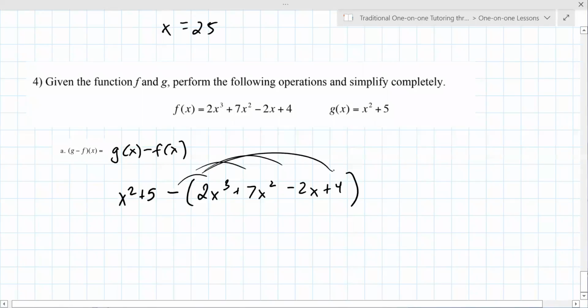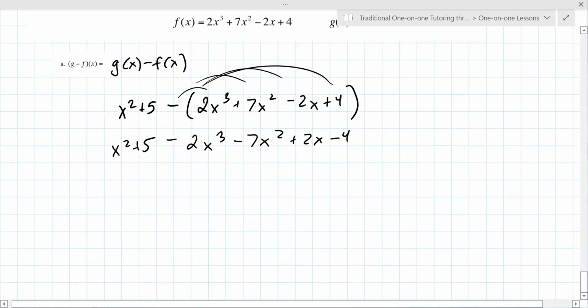That's also an SAT prep thing. There's always a problem where you have to distribute negatives, and you have to know to distribute them to everything. And then you have to combine like terms. There's also kind of a preference to put things in descending order. So this minus 2x cubed would come first, but then the x squared combines with minus 7x squared, so minus 6x squared plus 2x, and then 5 minus 4 is plus 1.